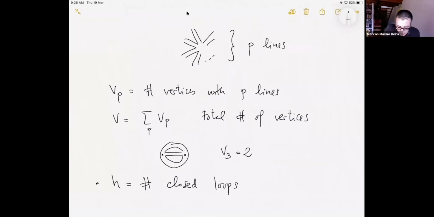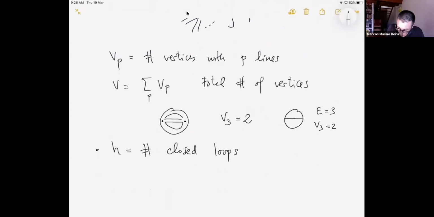And very importantly, the number of edges and the number of vertices is typical of any diagram, thin or thick. So for example, if you have a diagram like this, you can also give the number of vertices and of edges; this would also have E equals 3 and V_3 equals 2. But the number of closed loops is typical of thick diagrams like this one.